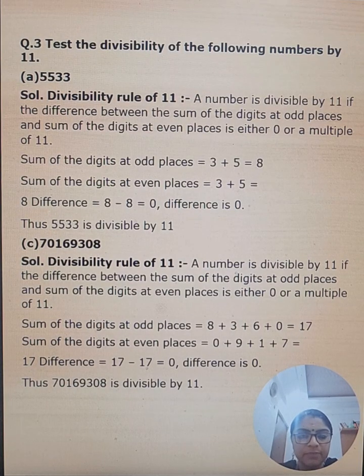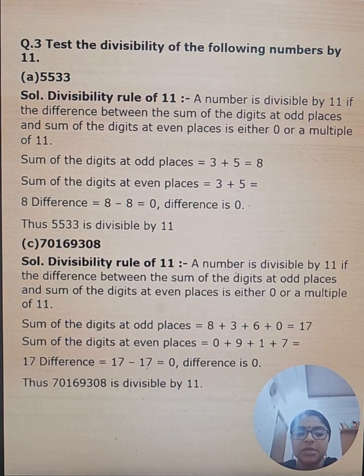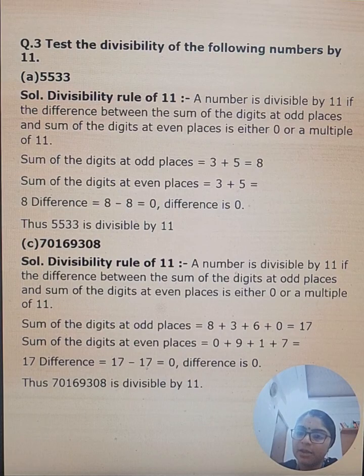Then you have to sum the even place digits and the odd place digits. So 3 plus 5 is 8. Again 3 plus 5 is 8. Then take the difference between them, which means subtract. 8 minus 8, the value is 0. The rule says if the value is 0 or a multiple of 11, the entire number is divisible. So here 0 is coming, so you can conclude it is divisible by 11.